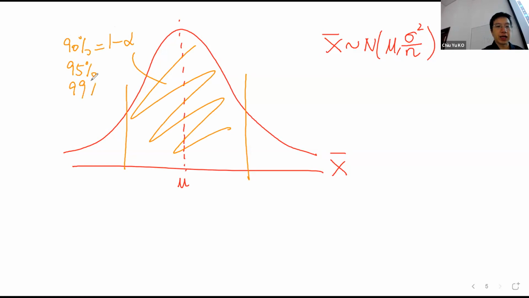These are the three numbers that everybody uses. And this number will be mu plus Z alpha over 2 sigma over root n. This is what you learn from the normal distribution, if you do the assignment.